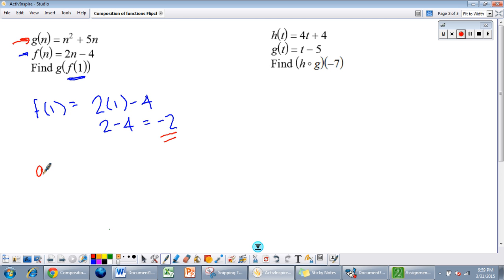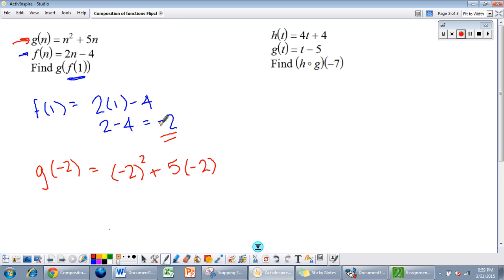This result, the negative 2, now needs to go into my g function. So now I'm going to say g of negative 2 equals, and it's important that you substitute with parentheses, because if you don't, you may possibly get a different sign answer than what you intended, times 5 times the negative 2.